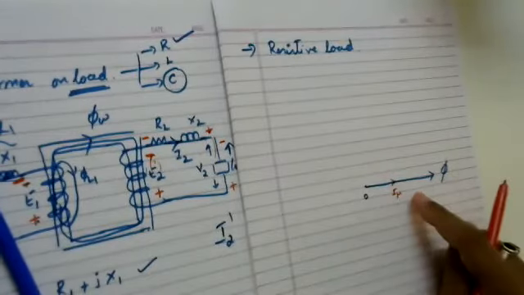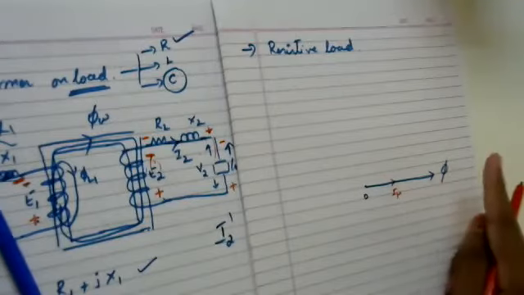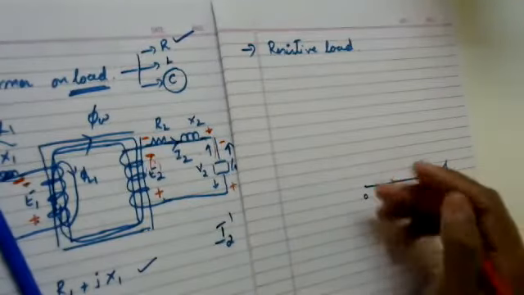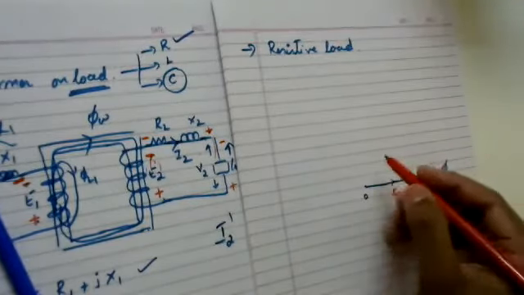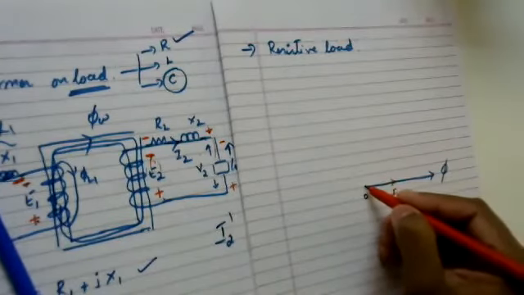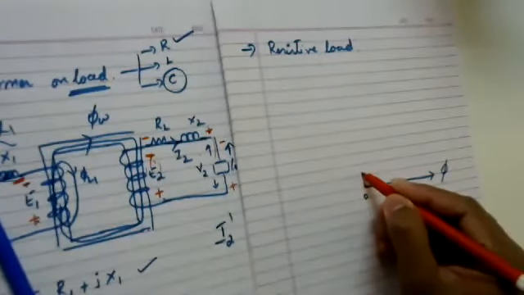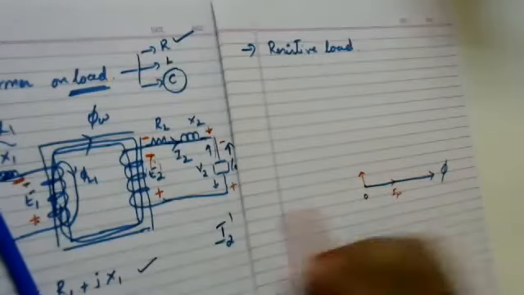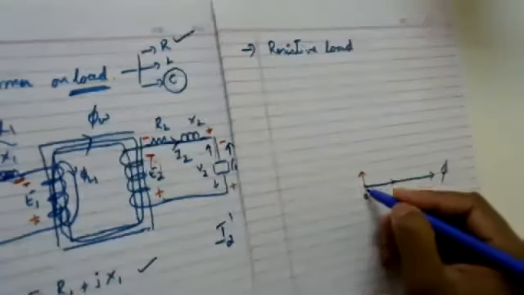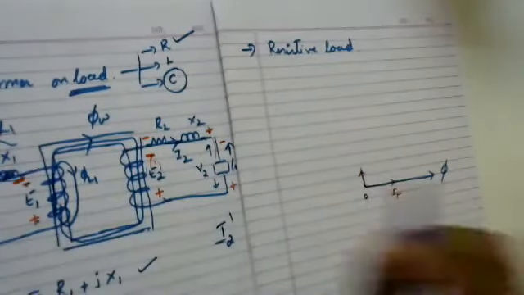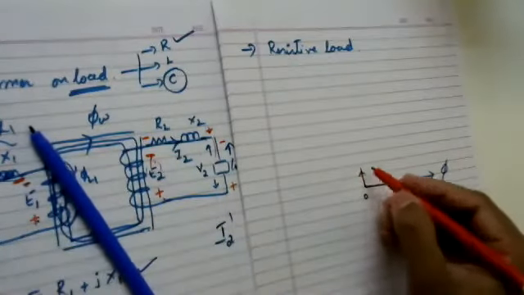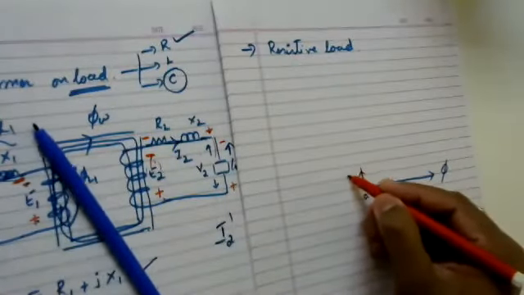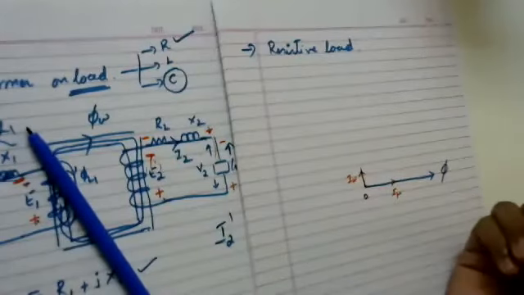There also exist some magnetic losses because of the magnetic elements. That magnetic loss you are able to represent with the help of one more current vector, which we represented as IW.